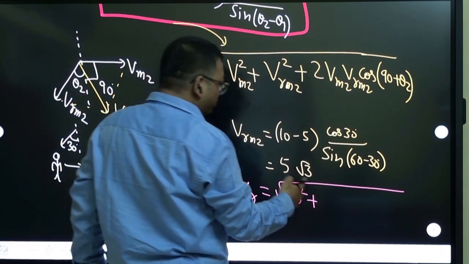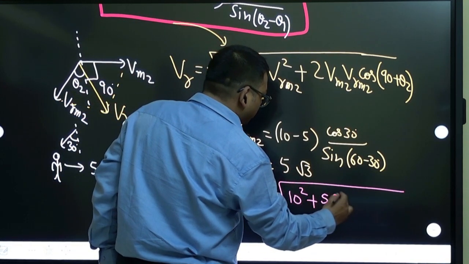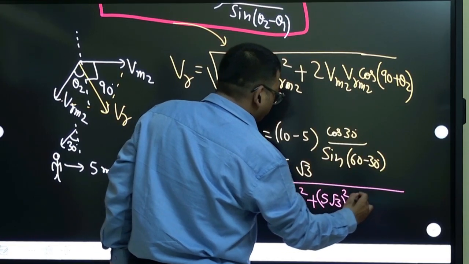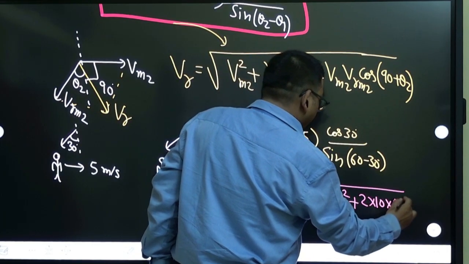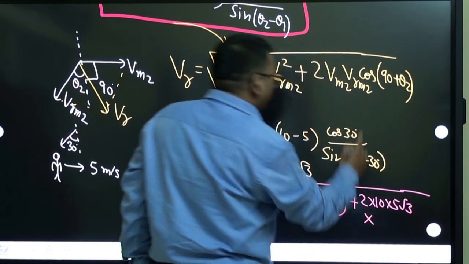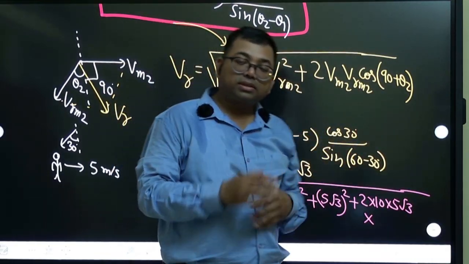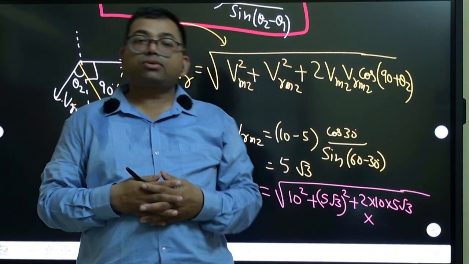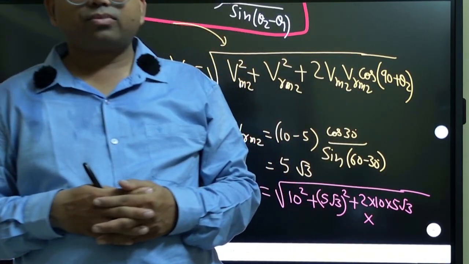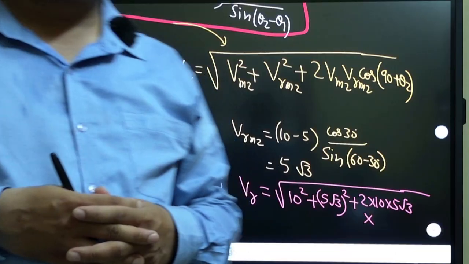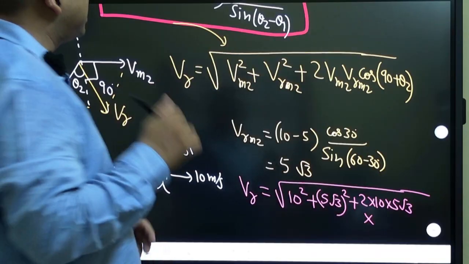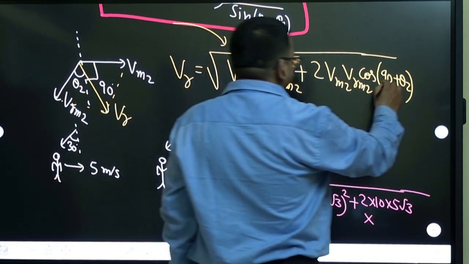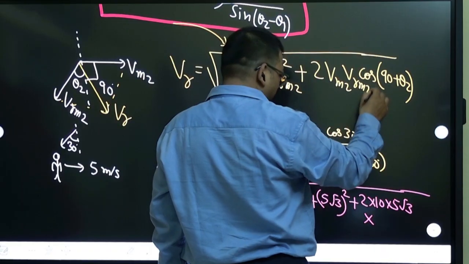This square means (5 root 3) square, plus 2 into 5 root 3 into cos of (90 plus theta). Do you know what is cos (90 plus theta)? It is minus sin theta.